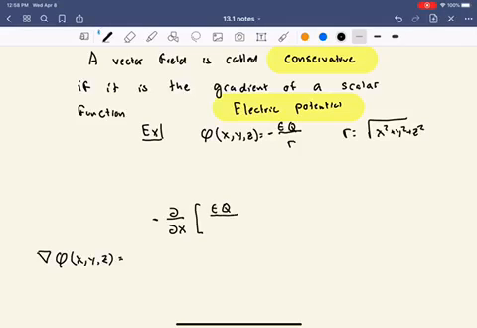Epsilon q over, now instead of r, I'm going to write square root of x squared plus y squared plus z squared equals, now if you think about this, this is this thing raised to the negative 1/2, right? So we're going to get a 1/2 in front, negative, but it's going to cancel the negative with that. So we're going to get positive 1/2. So positive 1/2 times 2x epsilon q over, now it's not square root, but it's going to be to the 3/2.